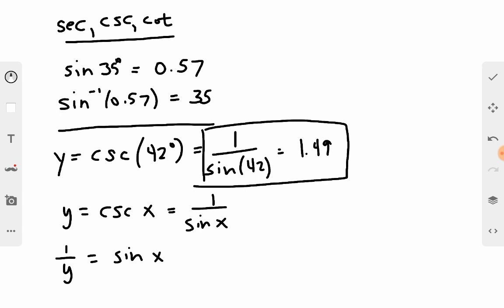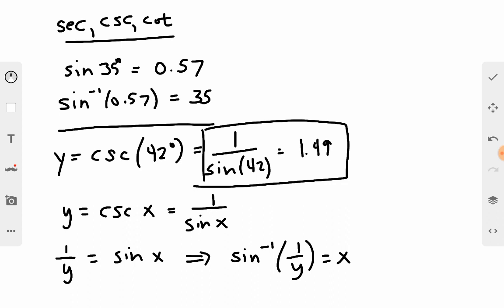That gives us a way to find the inverse. So if I take inverse sine on both sides, then I'm going to have sine inverse of 1 over y is equal to x.